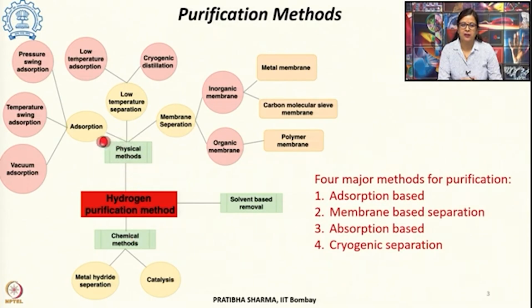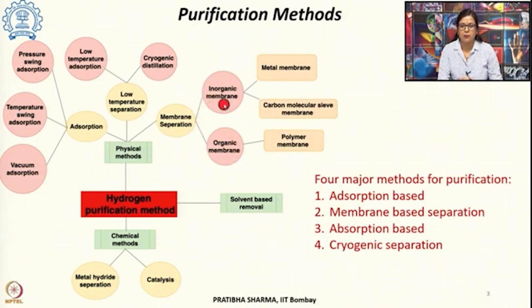Among the physical adsorption methods, these can be sub-categorized into pressure swing adsorption, temperature swing adsorption and vacuum adsorption. The low temperature separation method or the cryogenic method can be adsorption based or cryogenic distillation. Among the membrane based, these membranes can be either inorganic or organic.